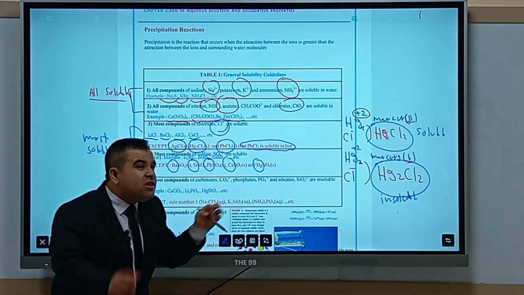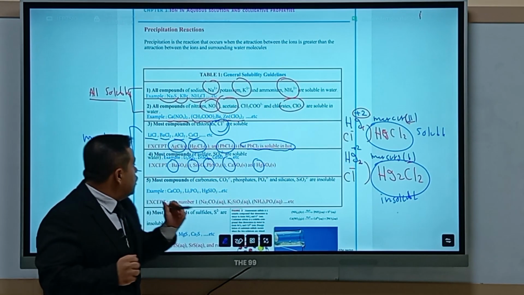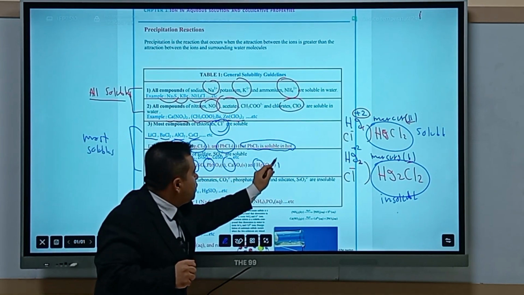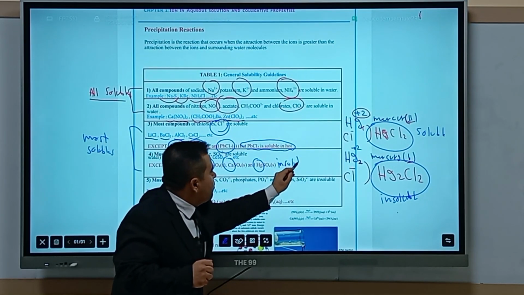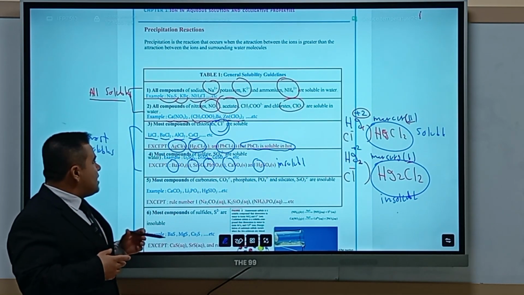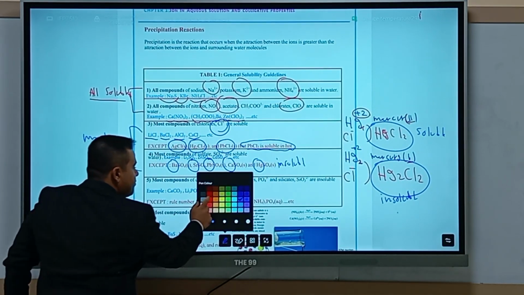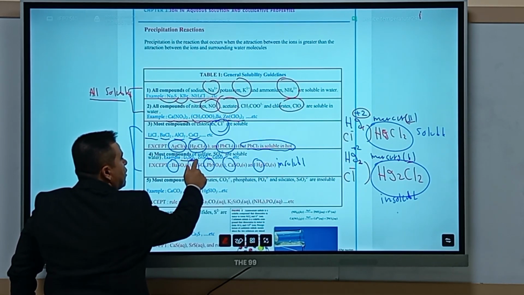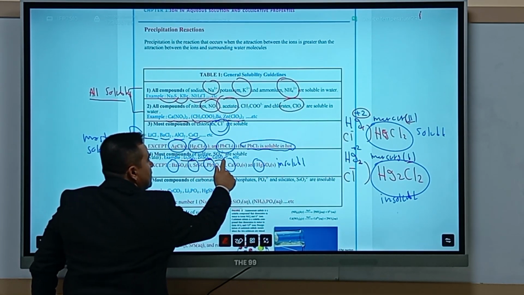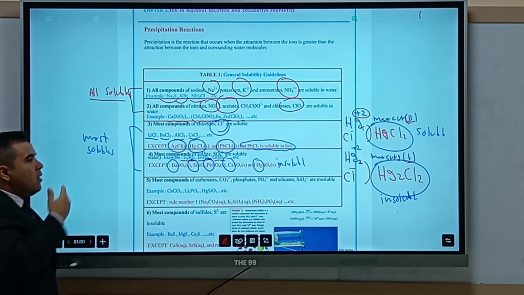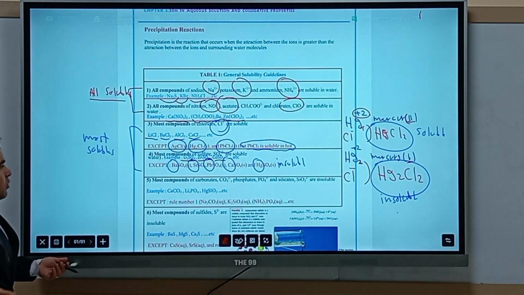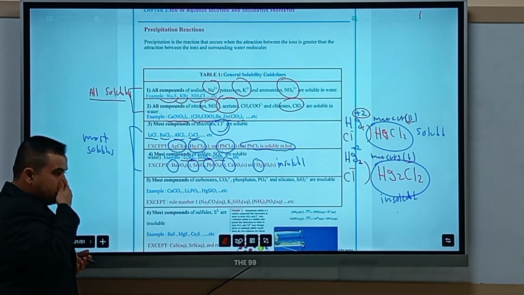They are all with sulfates, and they will produce insoluble salts. But other examples, like lithium sulfate, zinc sulfate, cadmium sulfate, and so on, result in a soluble salt.